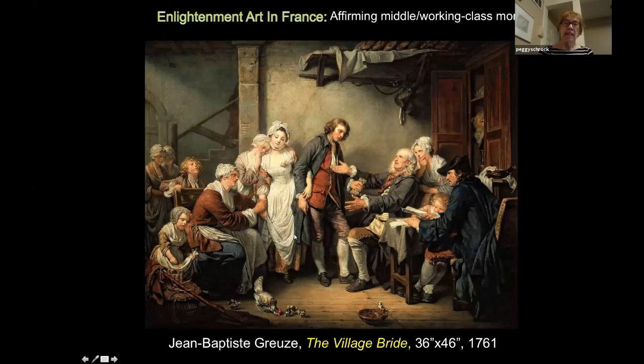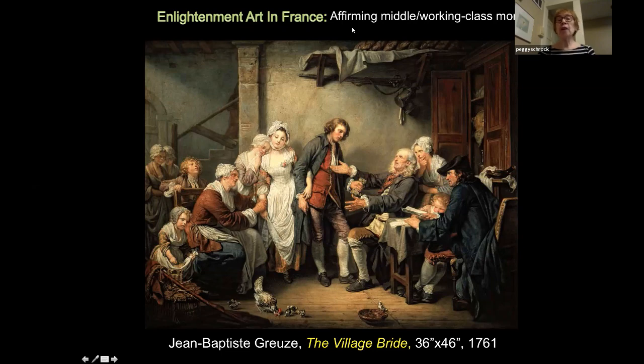Now, the meaning of this was really quite different in the 18th century. For one thing, it's demonstrating a class of people that traditionally were identified as really not having morals. If you were working class or poor, that was because you were an immoral person. That was because you weren't a good person.